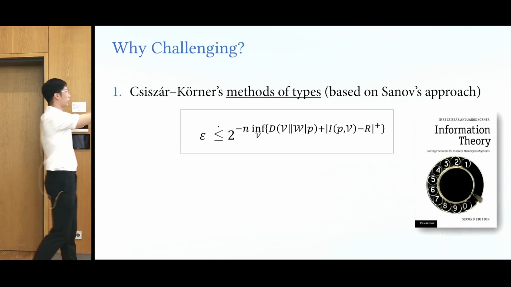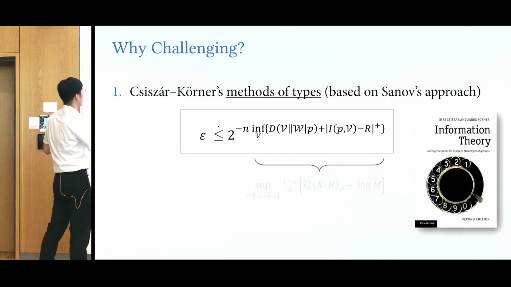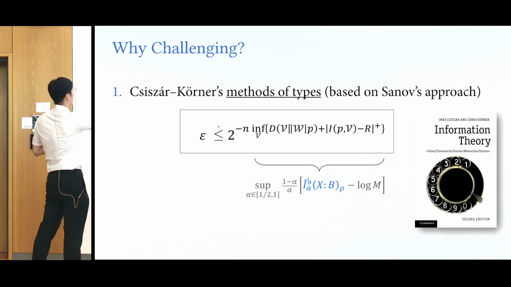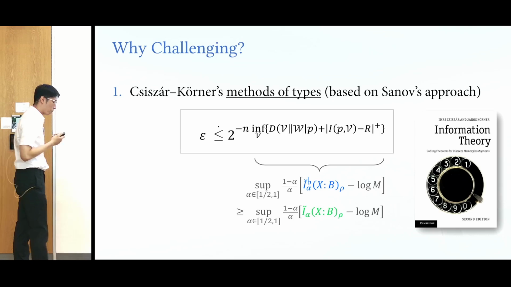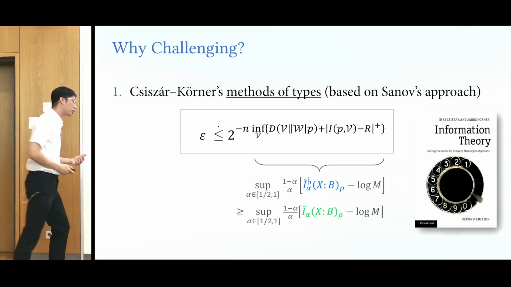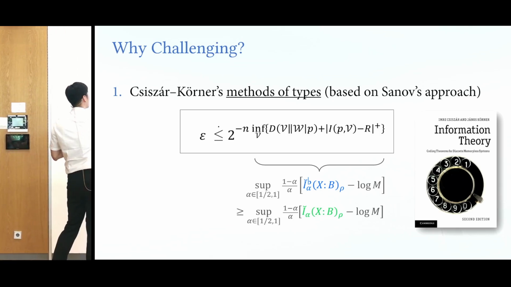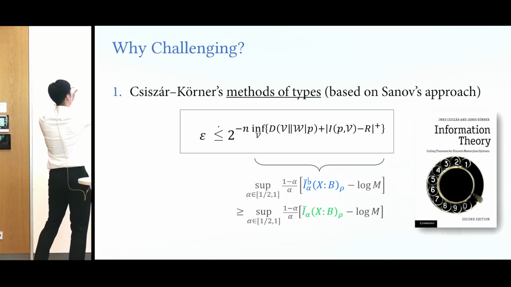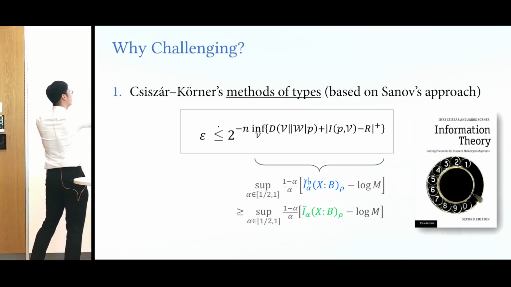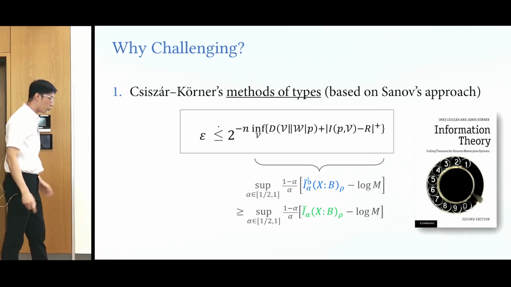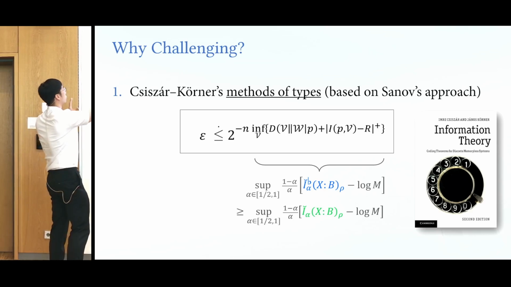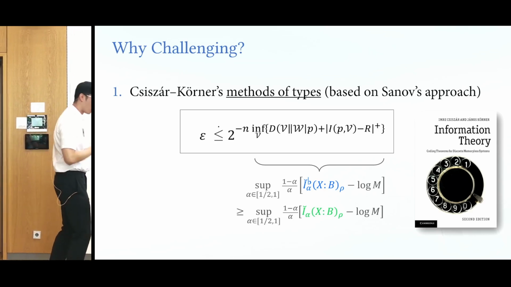Actually, that's the exponent obtained by Andreas. So this is like a log-Euclidean Rényi divergence. We know that it's larger than the Pairs one. But because Datta already showed this is the upper bound, if we use their method of types to get something like this, it's too good to be true for achievability because of Datta's impossibility result. So basically, we don't know if any such Shannon's method of types works for the error exponent.